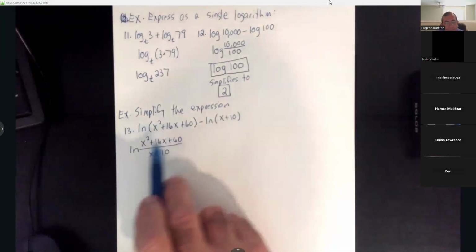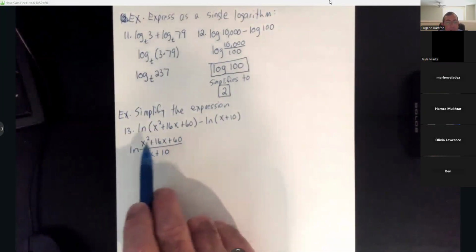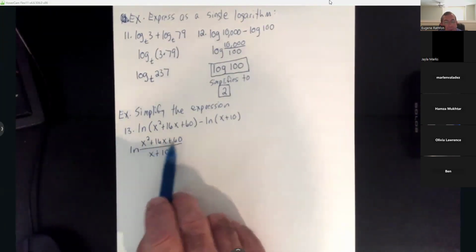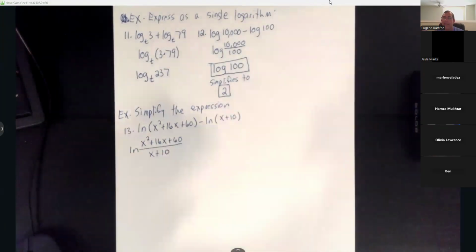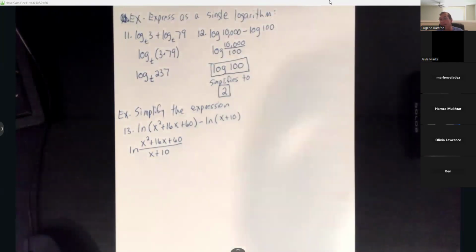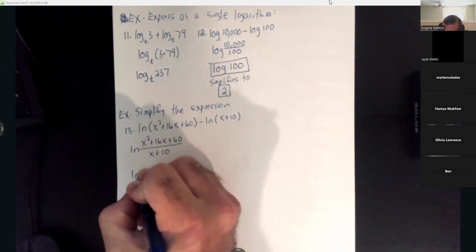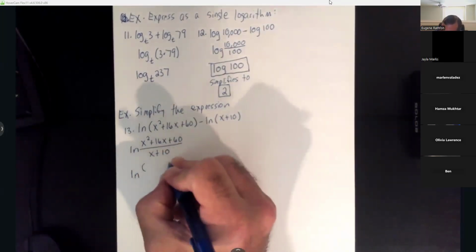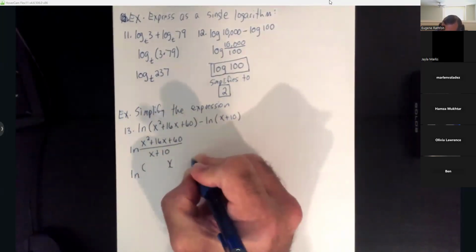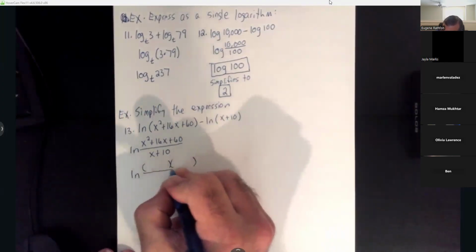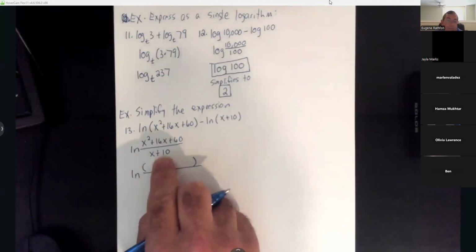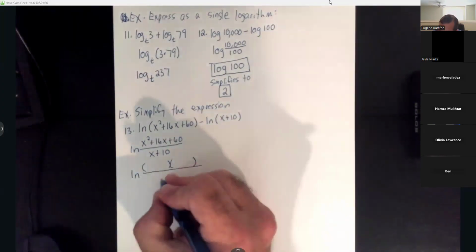Now, y'all, to simplify this one, we're going to have to factor the top of it and cancel out any common factors they have. So the trick on this problem is going to be factoring that top. Now the bottom's just an x plus 10, so nothing we can do to that.